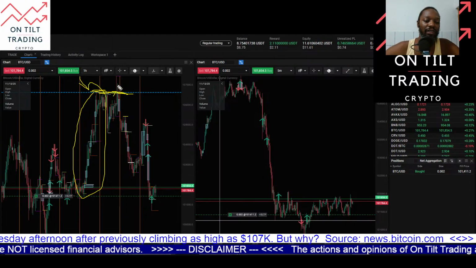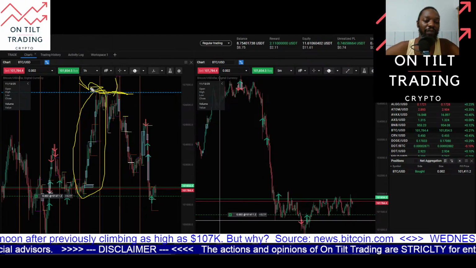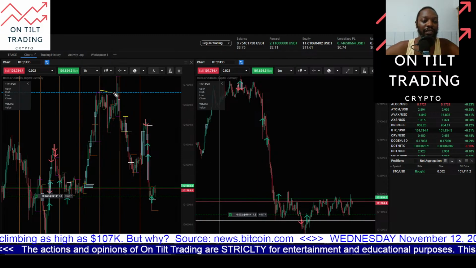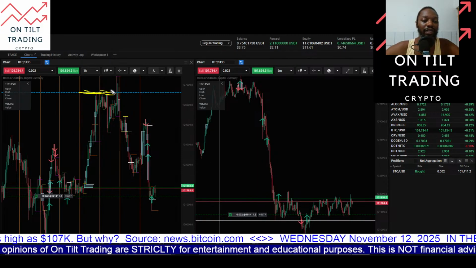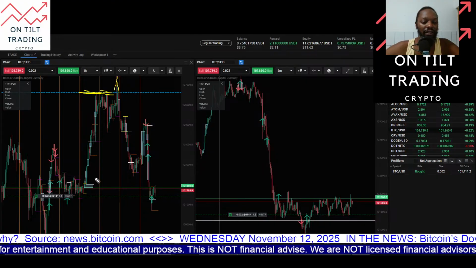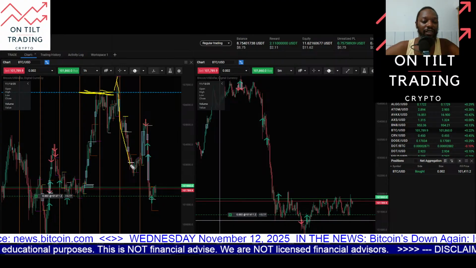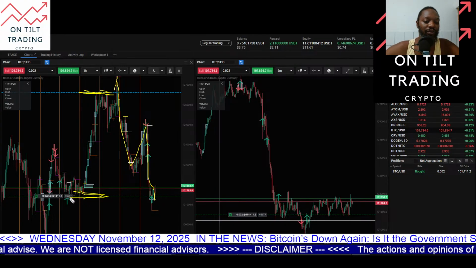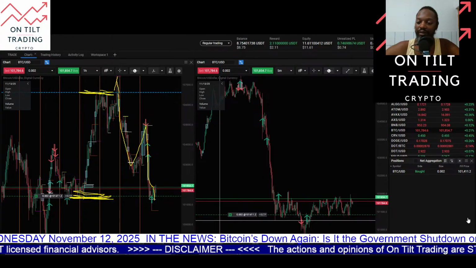And you can see that when this buy side liquidity was swept out with this candle here, then price action has been delivering to the sell side here to sweep out the opposing sell side liquidity.